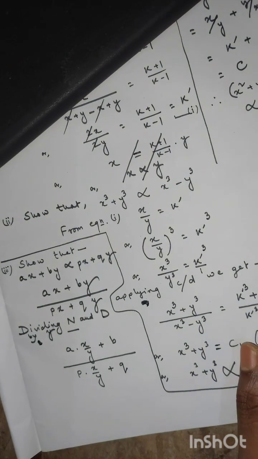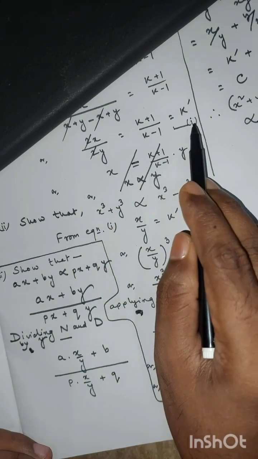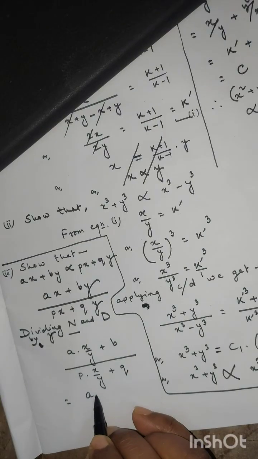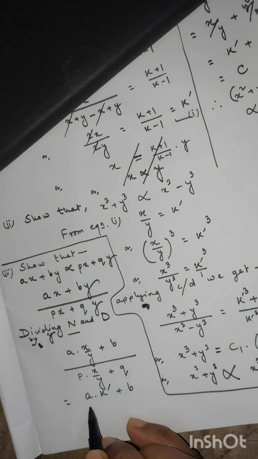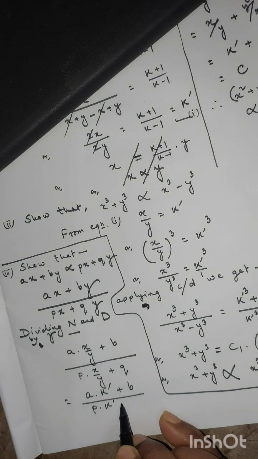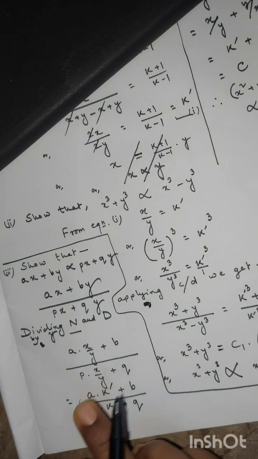Now from equation 1 we already know x by y is a constant k dashed. Now we are putting that. So a into k dashed plus b, by p into k dashed plus q. So we can say that this is obviously a constant because a, k dashed, b, p, k dashed, q all are constants.